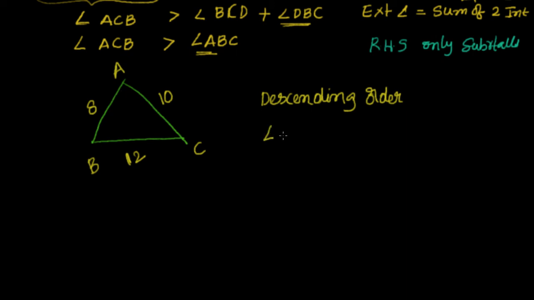I will write angle A is greater than, next side is 10 in length, opposite to 10 the angle is angle B. Then the next one is automatically angle C. So you can see that if you know the lengths of three sides, then you know the angles in ascending or descending order. They are exactly in the order of the opposite of their sides. So if I have side BC, then the angle opposite to it is greater than all the remaining ones. That means angle A is greater than B, which is greater than C.